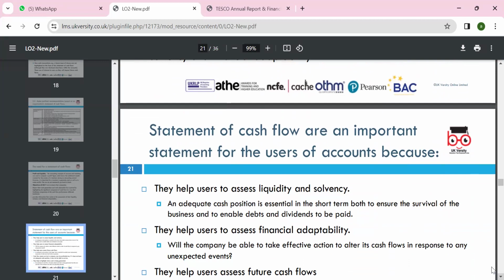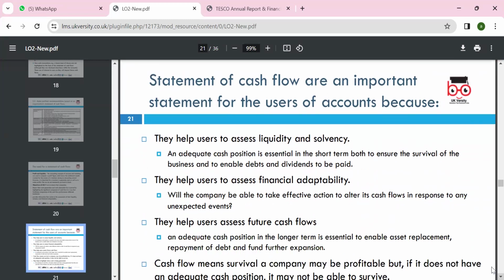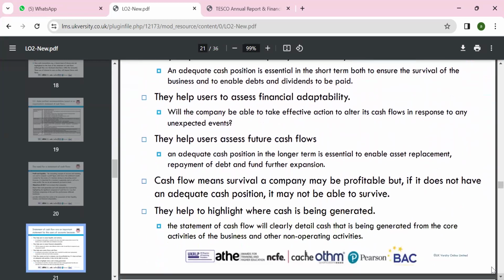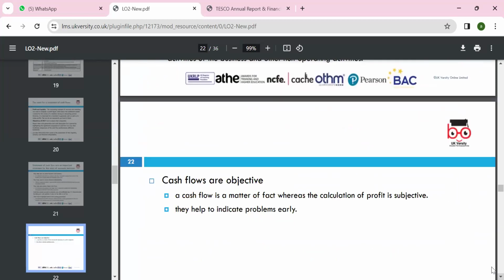It helps the user look at the liquidity and solvency position and assess financial adaptability. It helps users look to the future, what the impact will be on the cash flow, if the past trend can be the future trend, and what decisions they made in the past that improved the cash flow.